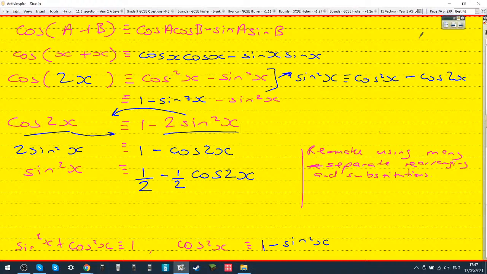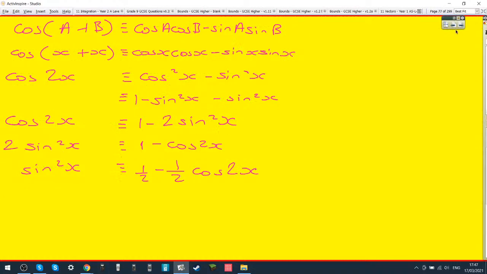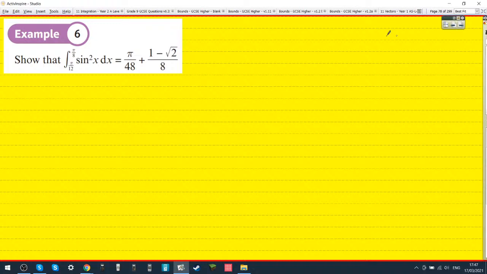Sine squared x, a half minus a half cos 2x.